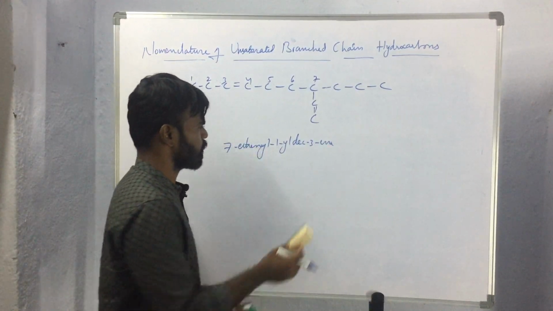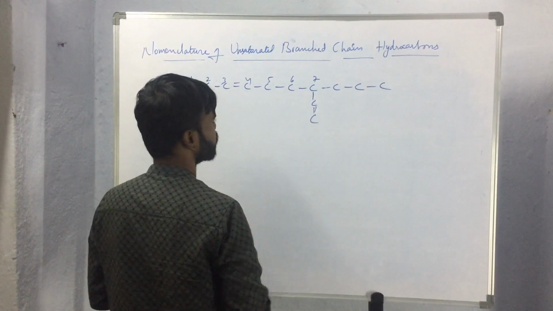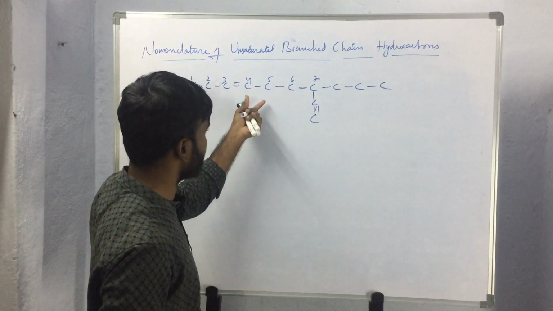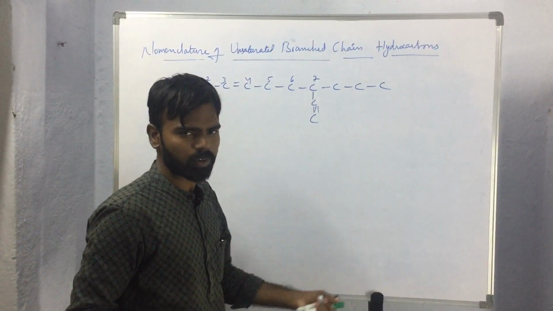So in case of combined unsaturation, where the parent compound is having a double bond and the side chain is having a triple bond, we will do the same thing.